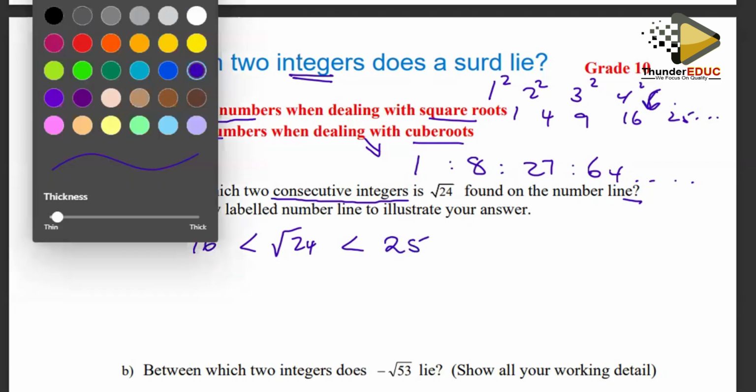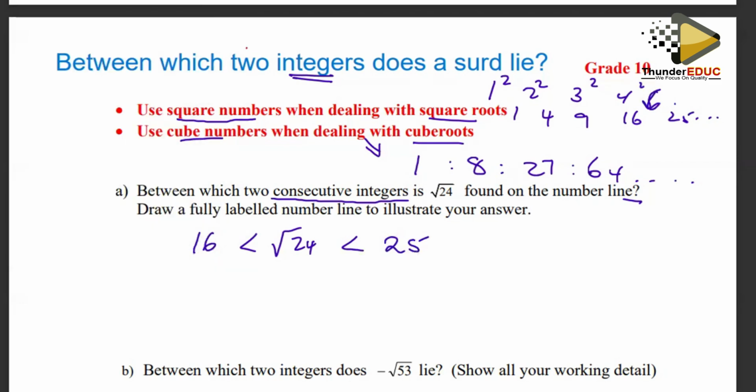And then next, I'll have to find the square root on either side. So square root there, and then square root there. We know that the square root of 16 is 4, and root 24 is less than the square root of 25, which is 5.